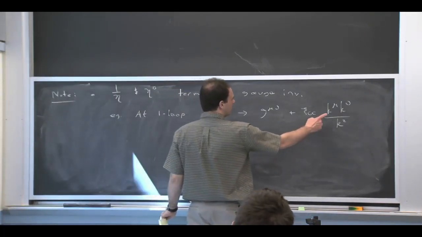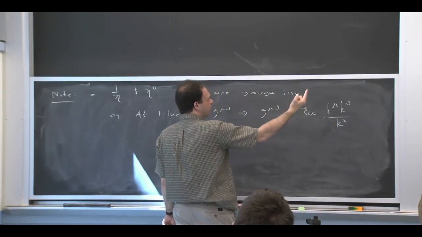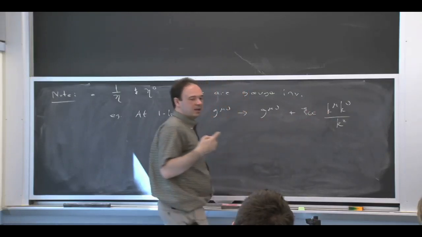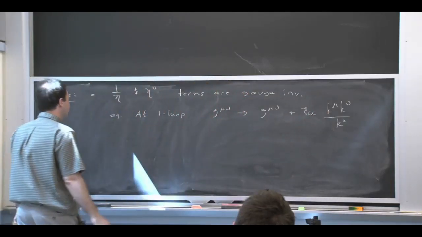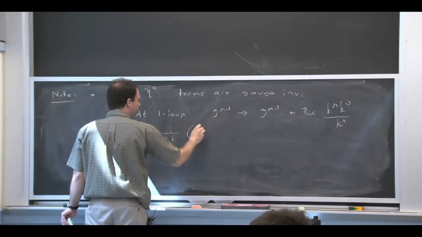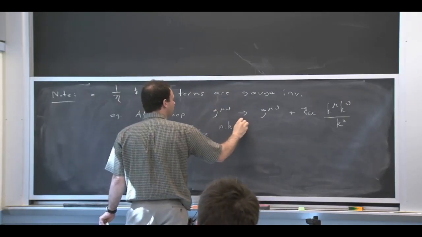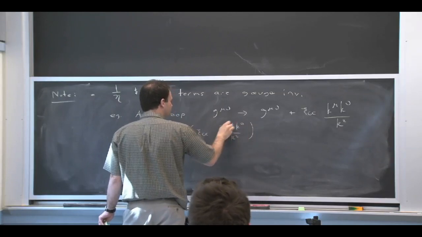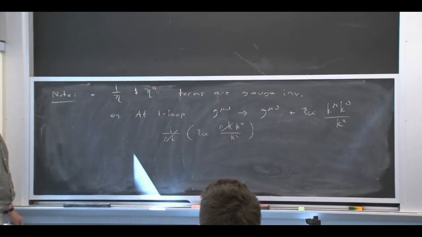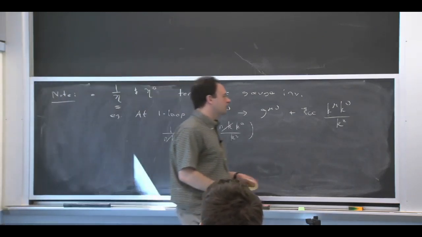If you have an n dot k, then you have a corresponding n mu in the numerator, so you get an extra n dot k in the numerator. Anytime you have a 1 over n dot k, you get multiplied by an n dot k upstairs. So this cancels, and you don't have a rapidity divergence in the gauge-dependent part.